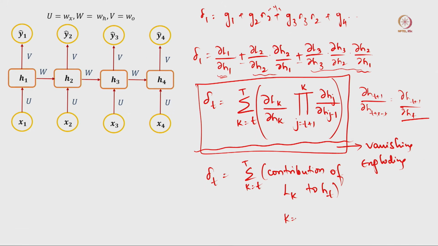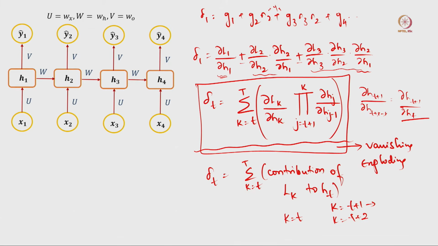When k equal to T, it is a contribution from the current loss. When k equal to T plus 1, the contribution from the next loss. When k equal to T plus 2, the loss after that. So, this is the gradient of Ht: the summation of the contributions from all the losses Lk back propagated from time k to time t.